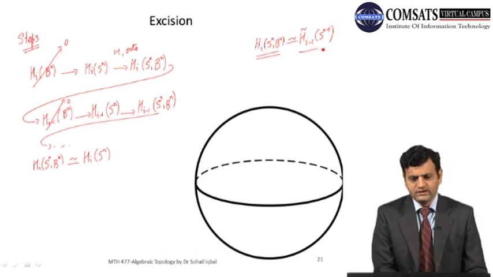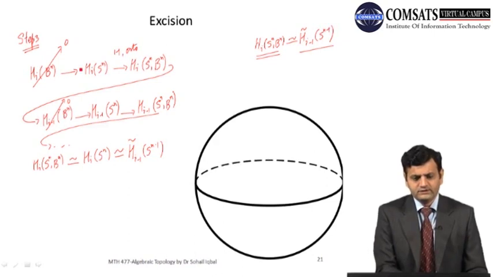And from this result we can say that this is isomorphic to Hi minus 1 of Sn minus 1, the reduced homology. And similarly, using the properties of reduced homology, I can replace these H's with the reduced homology, and the same long exact sequence holds, so we have the following result.